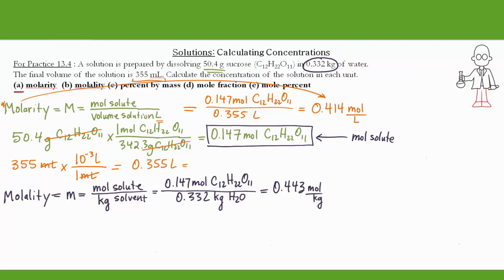Percent by mass is equal to the mass of the solute divided by the mass of the solution multiplied by 100%.